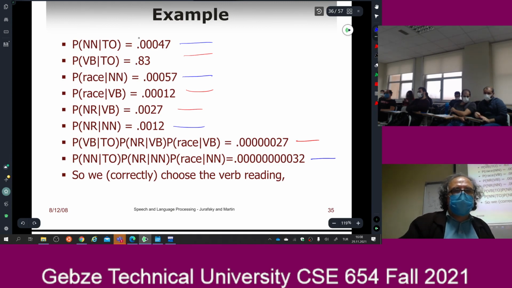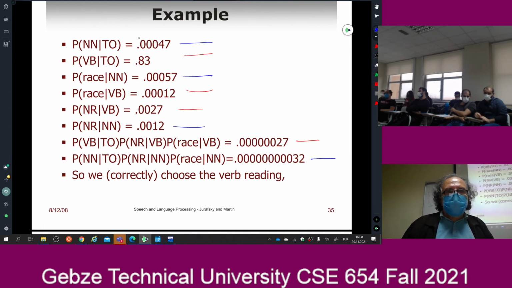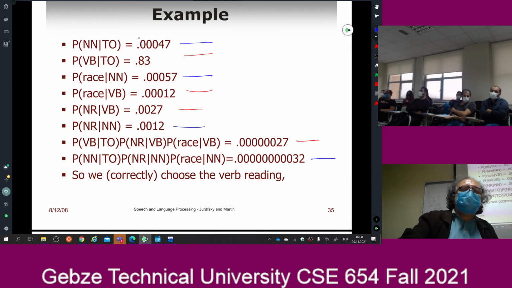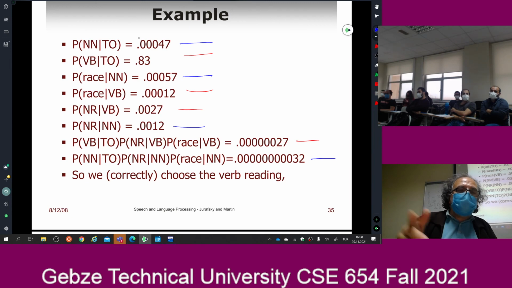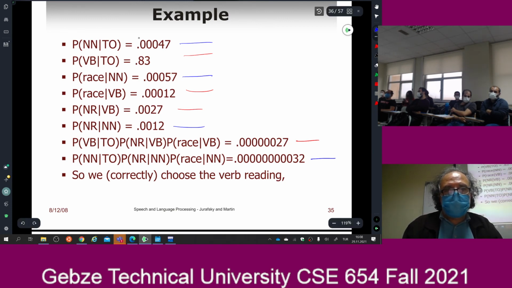Look at this one. 2 NN is not 0. Given to, the probability of NN is not 0. By the way, this is not a preposition 2. Remember, 2 has its own tag. So even in this case, there is still a probability of 0.00047.